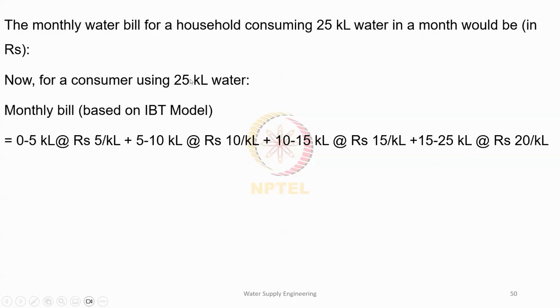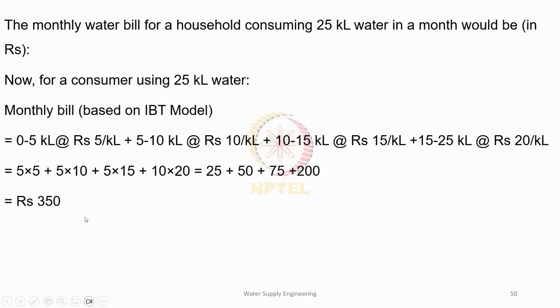So we have to divide this 25 kiloliter consumption in steps, that is in blocks. That is, we have four blocks. So 5 kiloliters into 5 rupees per kiloliter, then again another 5 kiloliters consumption, then again 5, and then the remaining 10, because we have four blocks. So that is rupees 350.